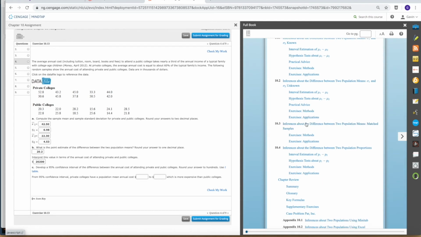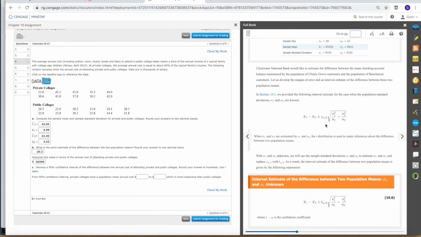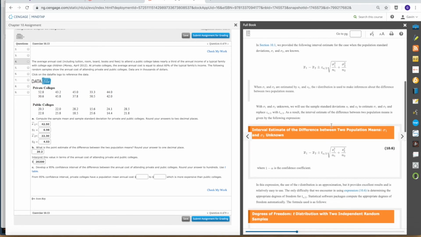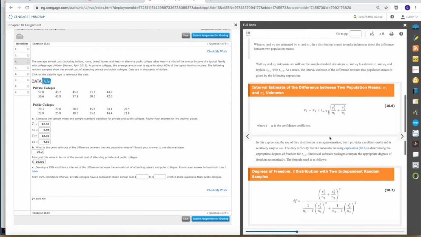So we're doing inferences about the difference between two population means with sigma unknown, right? That's what we're doing. We're doing an interval. So right here, this just says what the margin of error is. But now we need to use t, and as we know, when we have t, we have to do degrees of freedom.